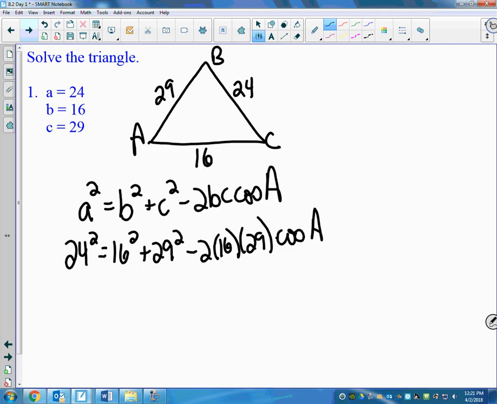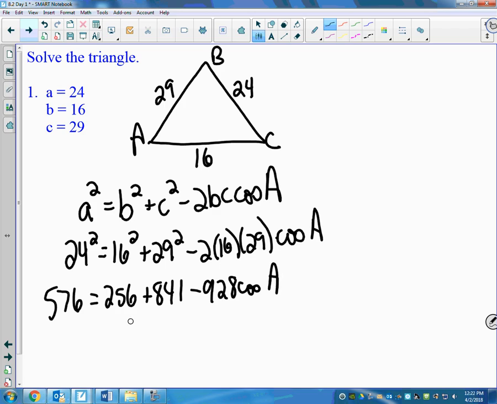So I'm going to just go ahead and do 24 squared, which is 576. And over here, 16 squared is 256 plus 29 squared is 841. And then 2 times 16 times 29 is 928 times the cosine of A. And then I'm just going to move these over, right?